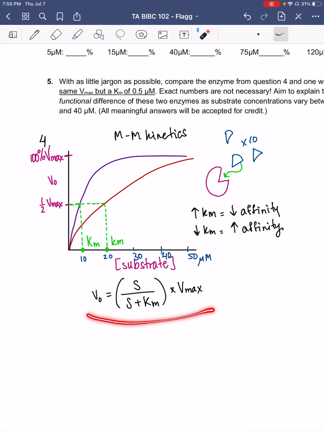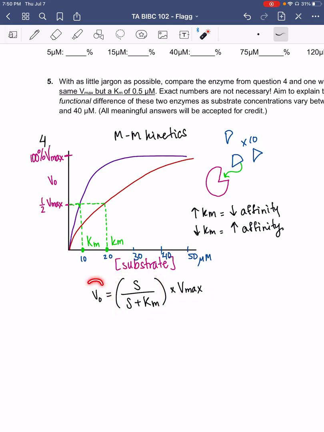Now let's unpack this equation a little bit. This basically is telling us that V naught, which is just some rate number or velocity number on the y-axis, is some fraction of Vmax.